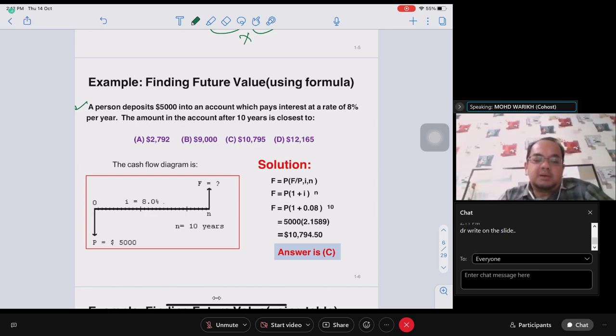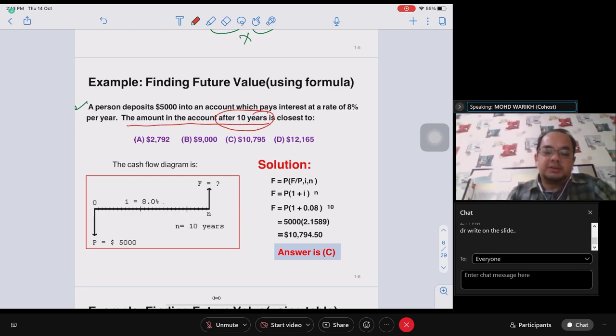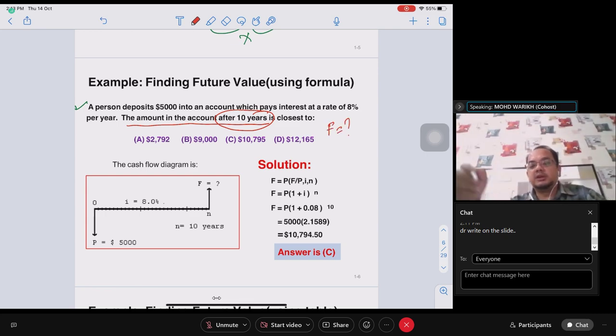The amount in the account after 10 years is what? When you see the keyword amount after 10 years, that means the future. So you have to find the future. The 5,000 is a deposit, a P, the present. So you get the information here about the parameters, and then you do the formula.